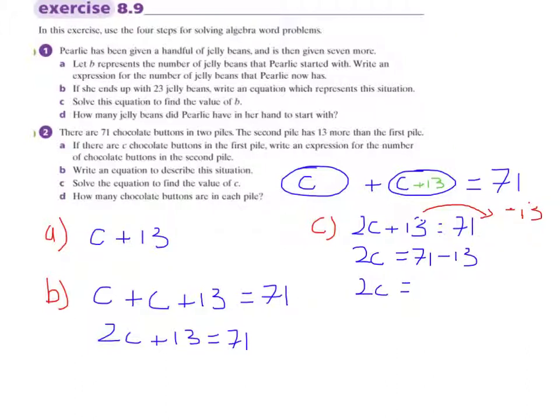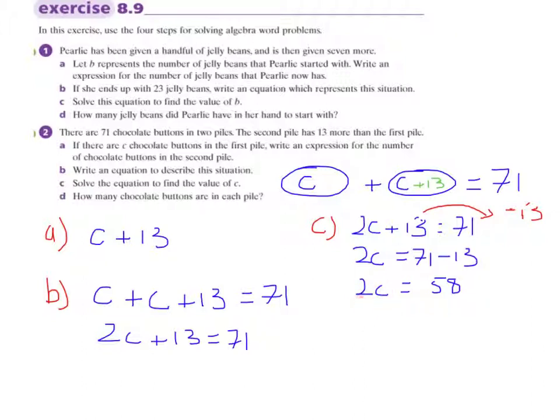So 2C, what's that equal? Let's think. 71 take 13. It's a bit hard. So that's 8 and 68, 58. Okay, so I've got that. So now I've got my 2C equals 58.